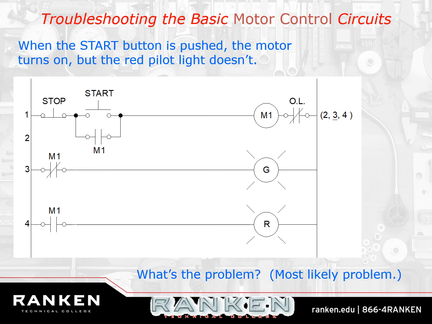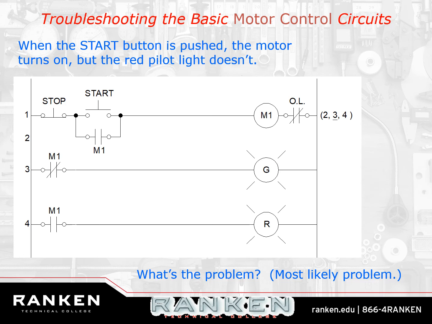The relay, yes, but only one part of the relay, right? It doesn't say anything about the green light turning off, but I'm going to assume it's turning off, and the red light just isn't coming on. So what stops Pooh Bear from getting to the light? It's either this contact or it's a bad light, right?